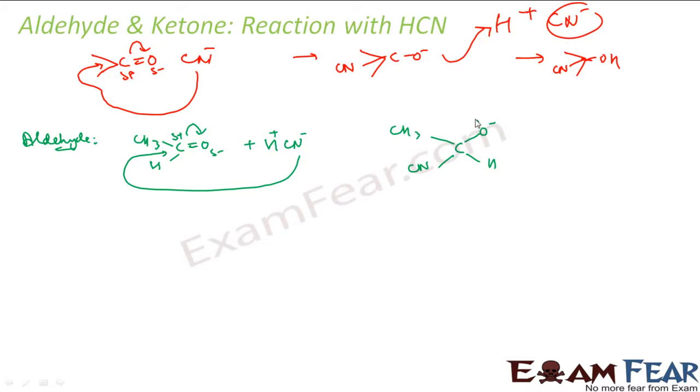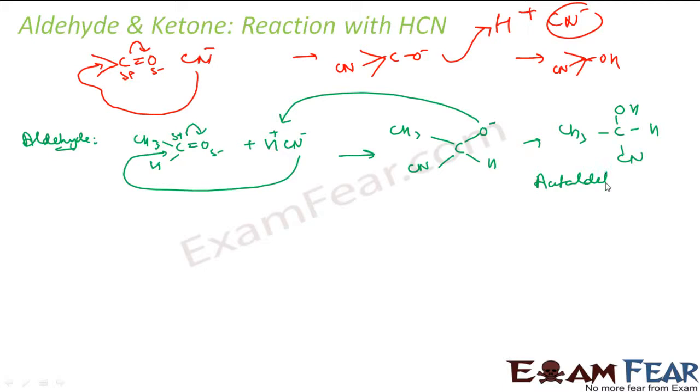And this O minus will again attack this H. So what you get is CH3, CH, CN, OH. This is called acetaldehyde cyanohydrin. This is my acetaldehyde actually.